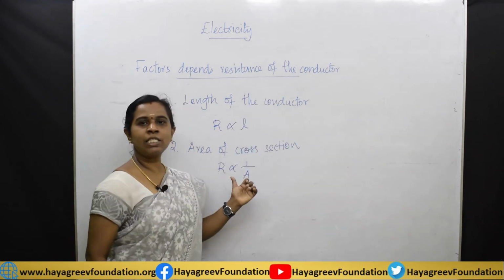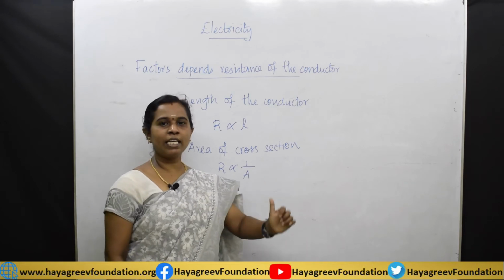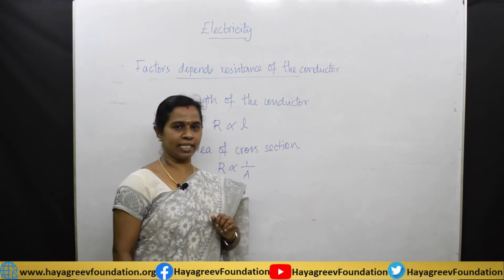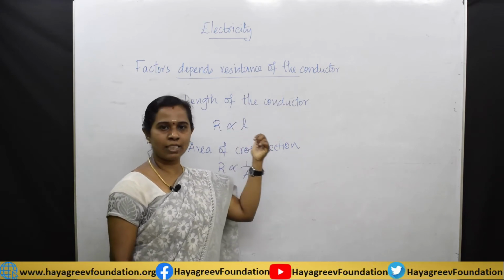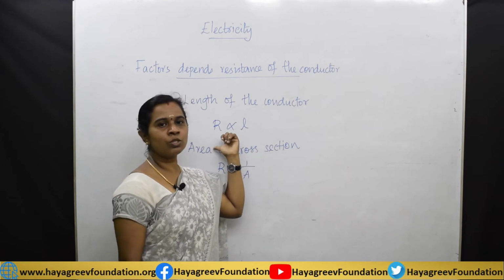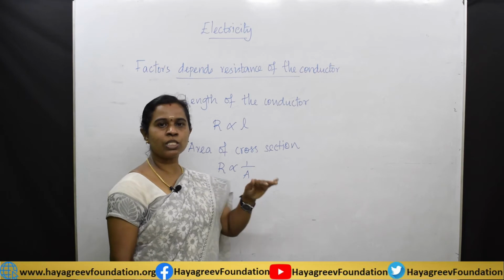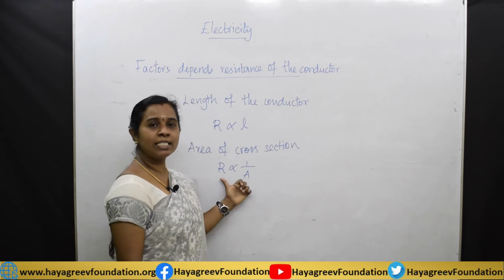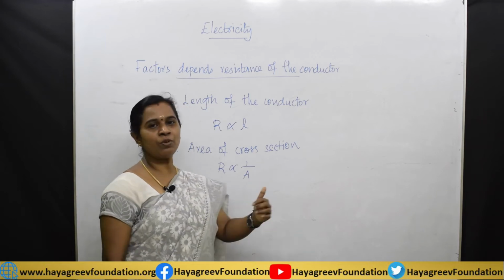So resistance of the conductor is inversely proportional to the area of cross section of the conductor. So the first factor is the length: if length increases, resistance also increases. And if area of cross section increases, resistance decreases, which is why we say inversely proportional.